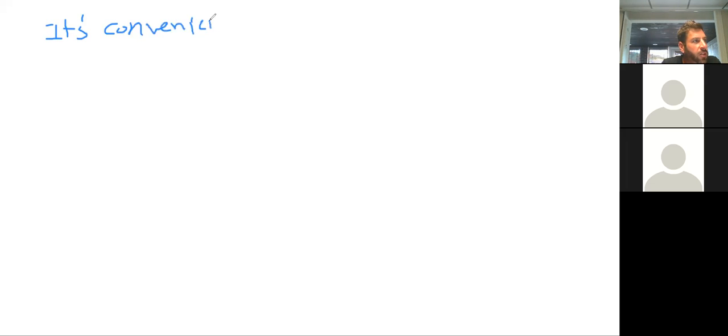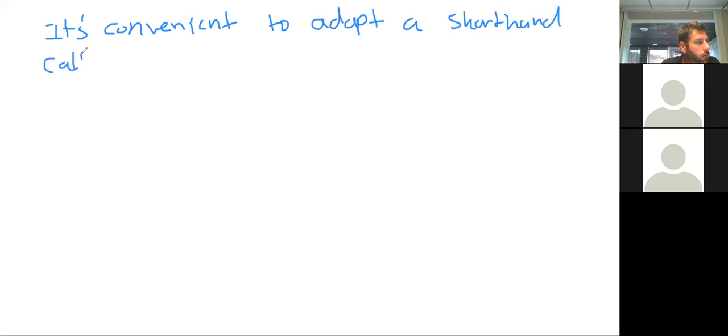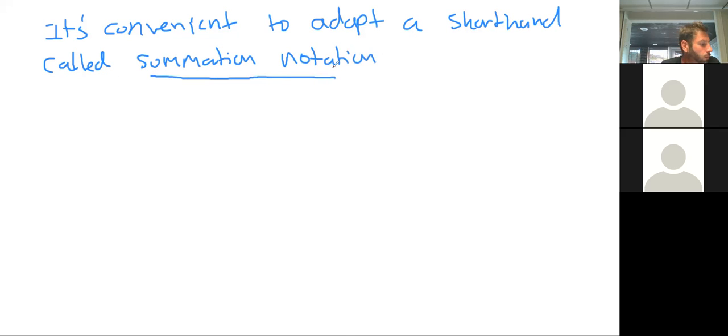So it's convenient to adopt a shorthand called summation notation. Or some people call it sigma notation, because we're going to use the Greek letter sigma.